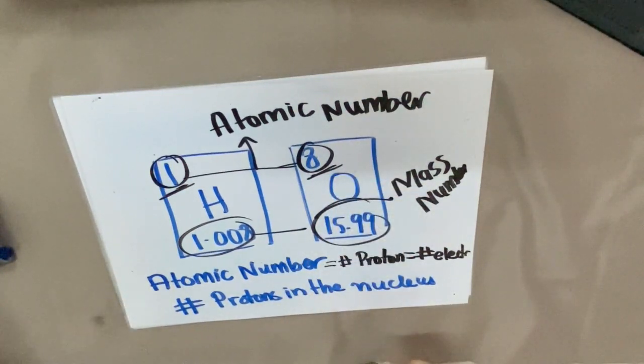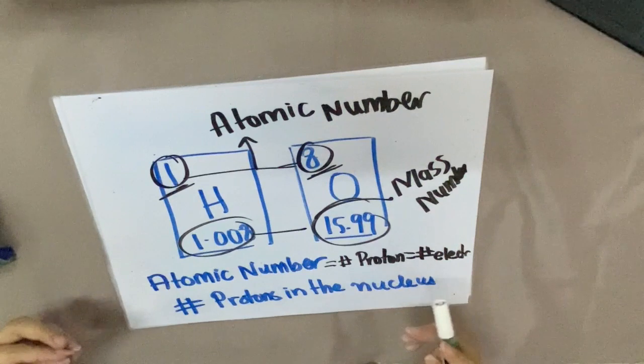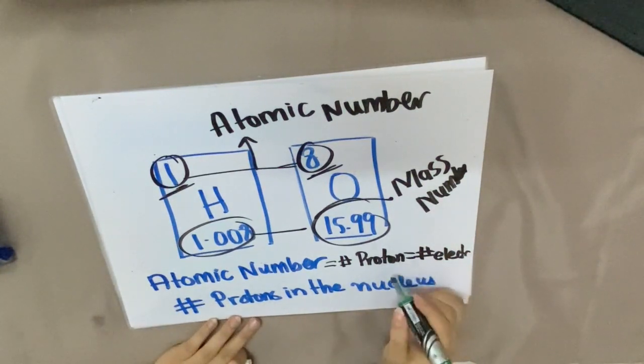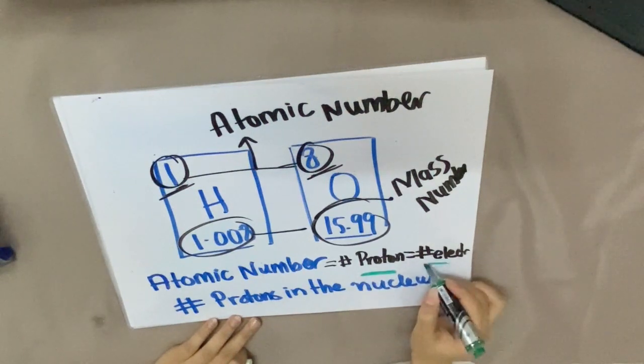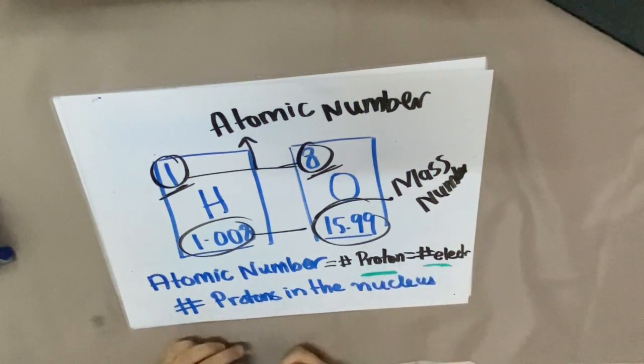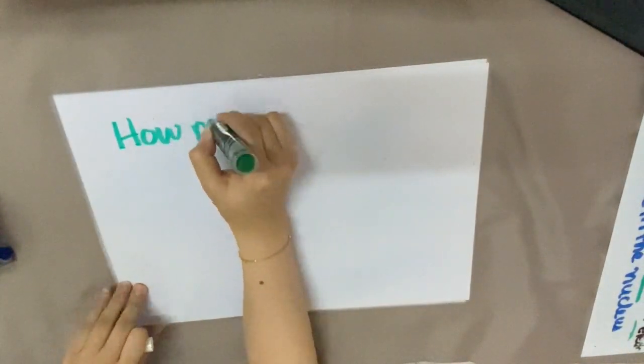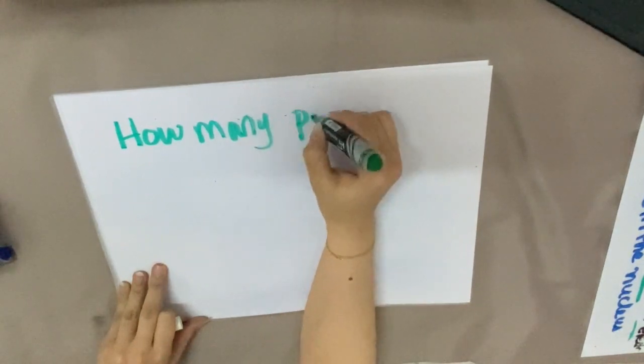Keep in mind this, that atoms are electrically neutral. So the number of electrons must equal the number of protons. Let's take a question. How many protons and electrons are present in this atom?